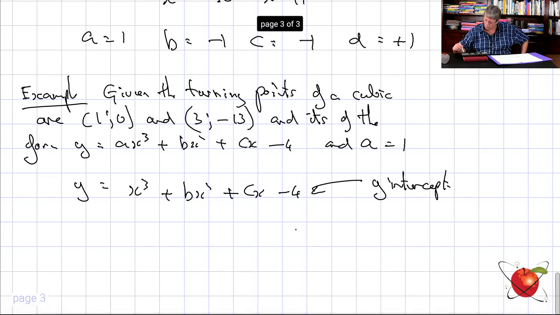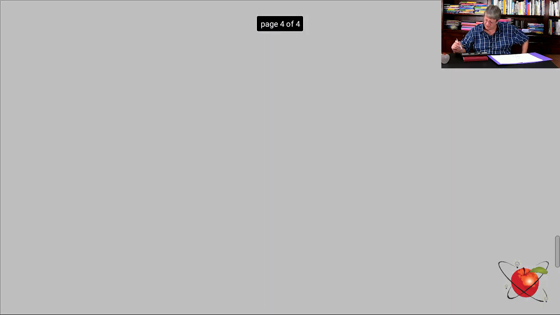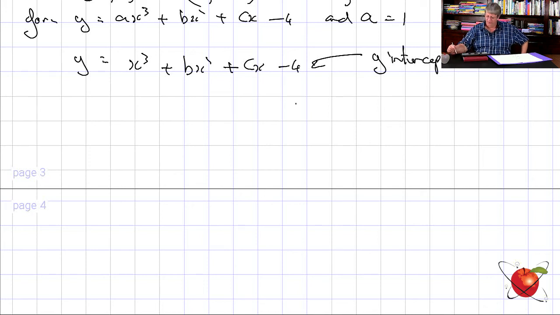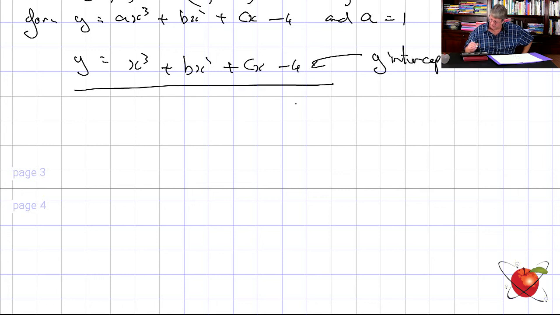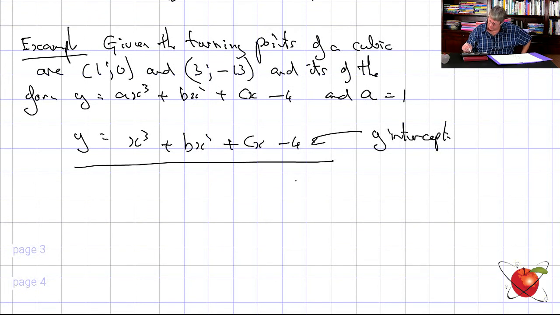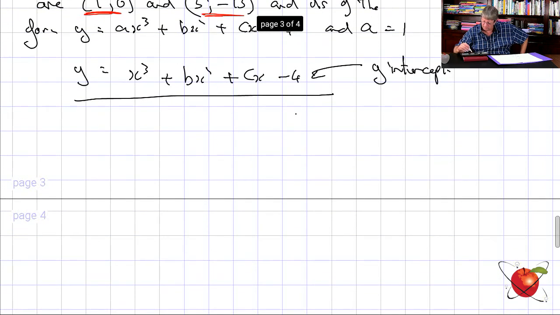Now, what is my next step in this process? Let me just bring that down. You can see that this is the function that we've got. The next thing is they have told us that we have got turning points. Stationary points are there. When they talk about stationary points, what do we do? Anybody know?